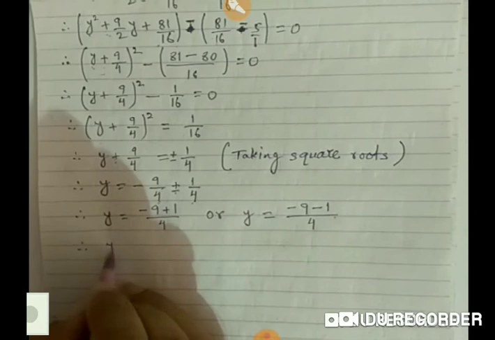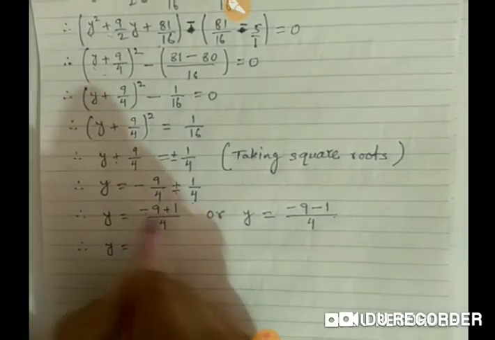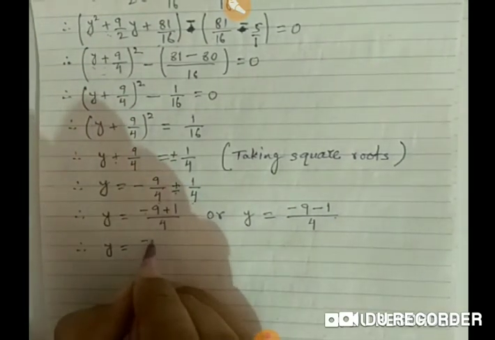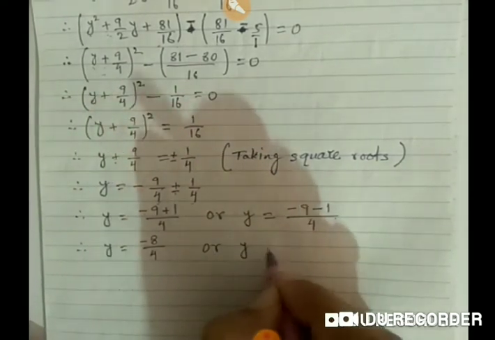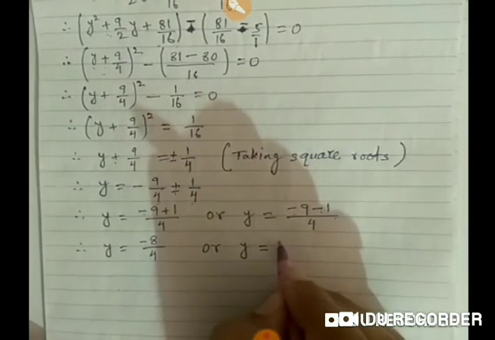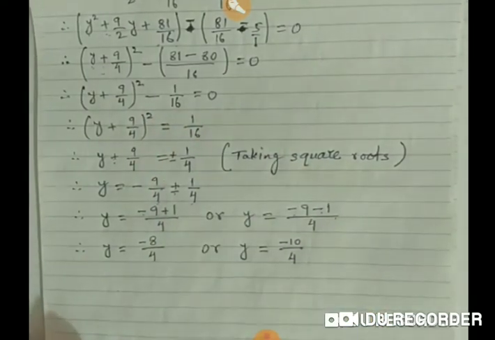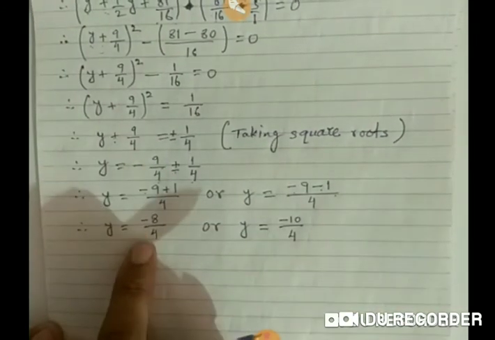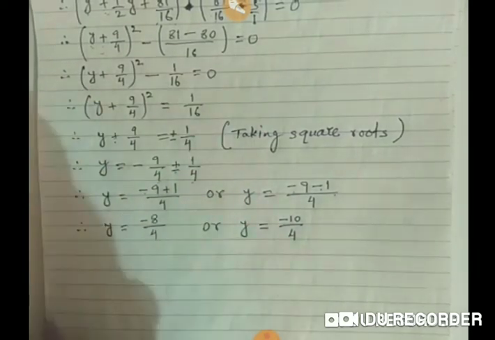Therefore, y is equals to negative 9 plus 1 gives you negative 8 upon 4, or y equals to negative 9 minus 1 will become negative 10, minus 10 by 4. So these are two values of y, minus 8 upon 4 or minus 10 by 4. We can simplify them.